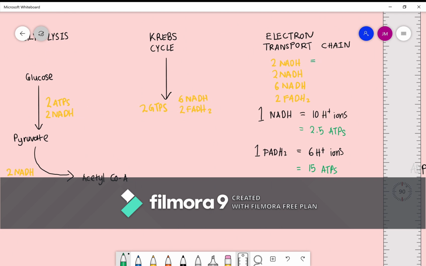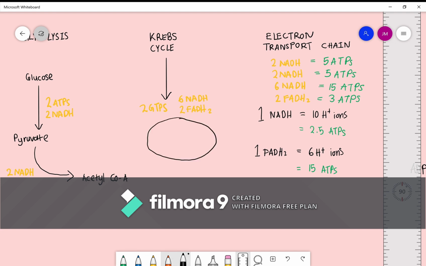Using these values, we can calculate that 2 NADH from the conversion of glucose to pyruvate will give 5 ATPs. Similarly, conversion of pyruvate to acetyl-CoA will give 5 ATPs in the electron transport chain. 6 NADH from the Krebs cycle will give 15 ATPs, and 2 FADH2 will give 3 ATPs.